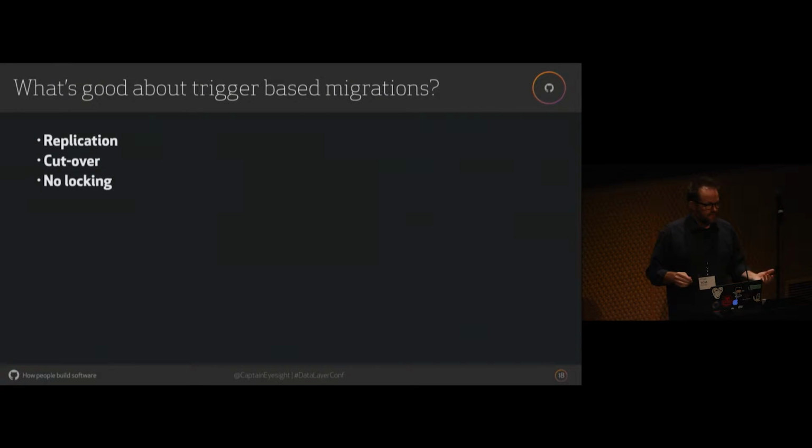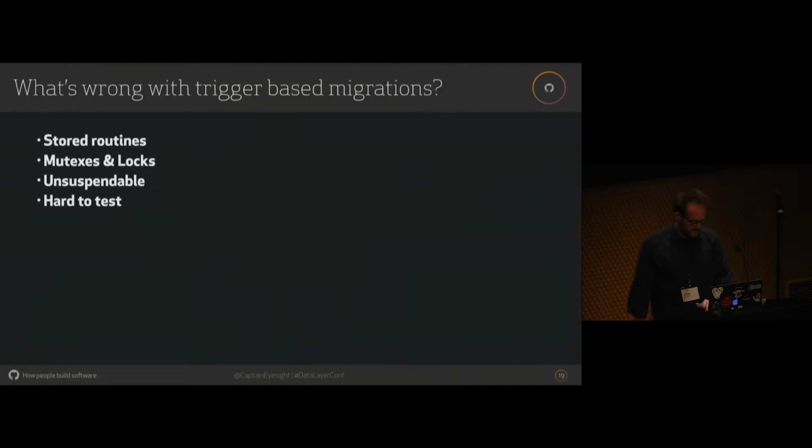The cutover is pretty instantaneous because all you're doing is a rename table. You're renaming the original table to something old, and renaming the new table to the original table name, and it's very quick. And I say no locking, but you have to lock to rename the table. It's pretty minimal though, so it's pretty fast.